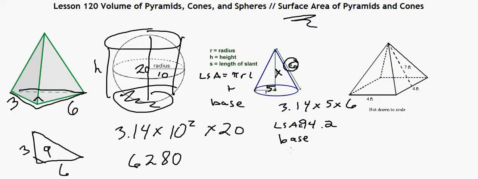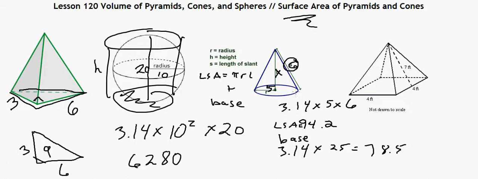Area of a circle, pi r squared, 3.14 times 25 comes out to 78.5. Last step, what is it? 78.5 plus 94.2, the LSA.